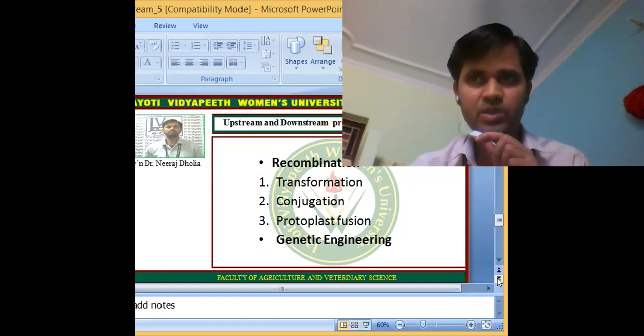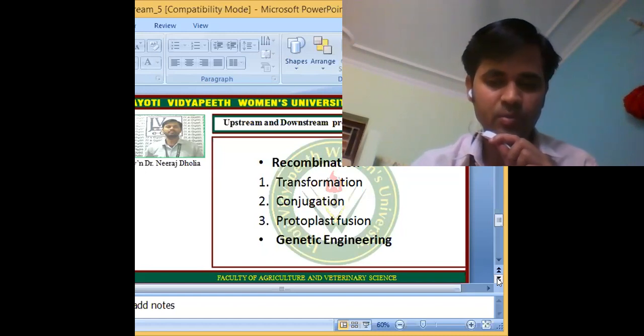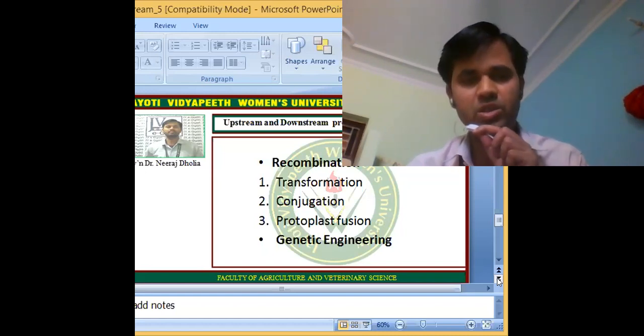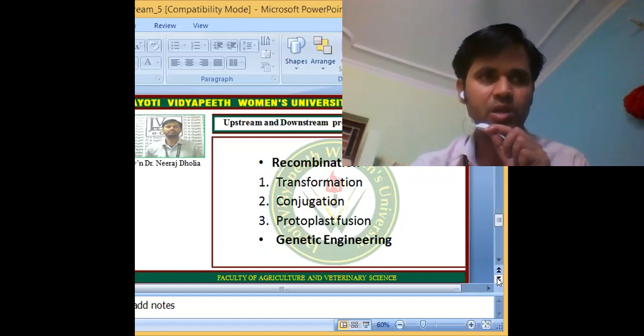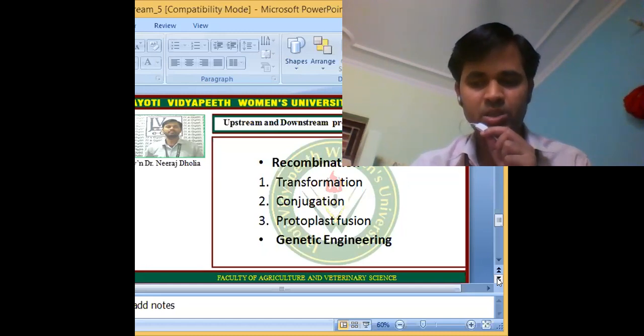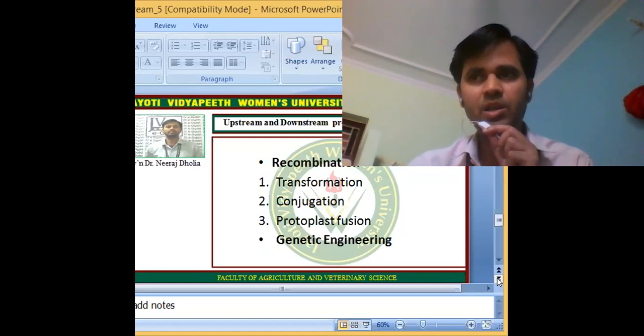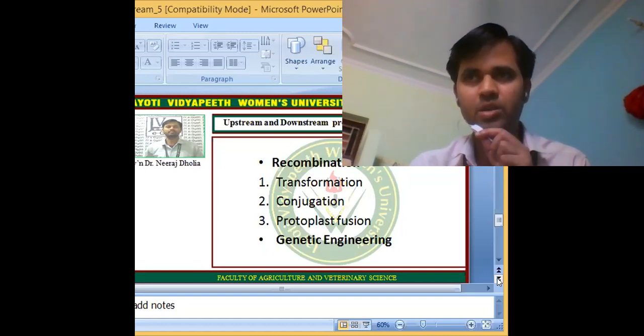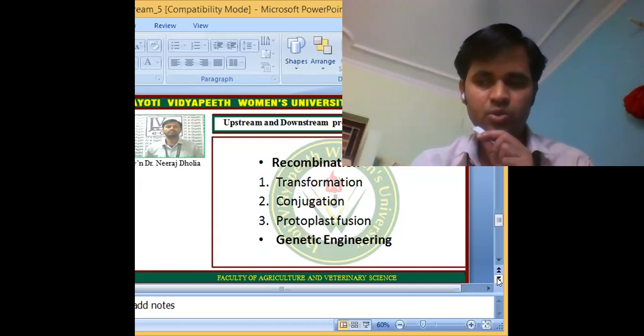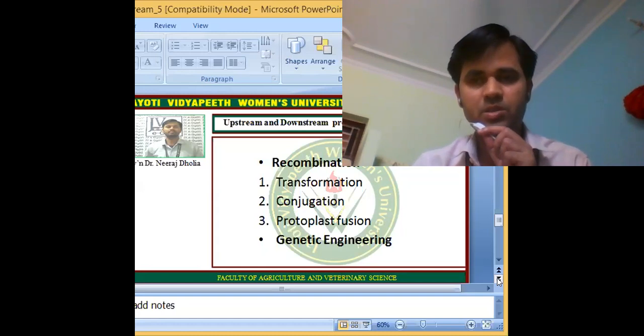The vectors, which have the capacity to transfer the gene of interest from one place to another. Then molecular techniques, the enzymes, restriction endonucleases that are used to cut a specific part of the gene, and the ligase enzymes which are used to join this gene into the desired place. In genetic engineering, we can transfer a specific gene across species.